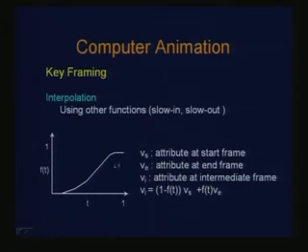Okay. So, what is happening is that if I use some function of this form, right, which is a function of a parameter t, which I am going to use for interpolation, it would give me the impression of slow in, slow out, right. So, I can use a function for my interpolation rather than just using a linear interpolation, right.